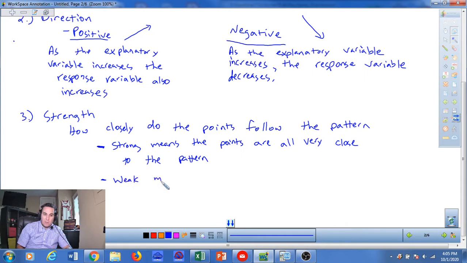Weak means the points are not very close to the pattern.